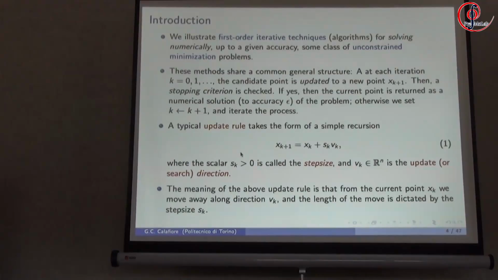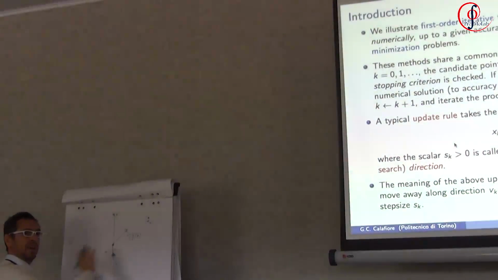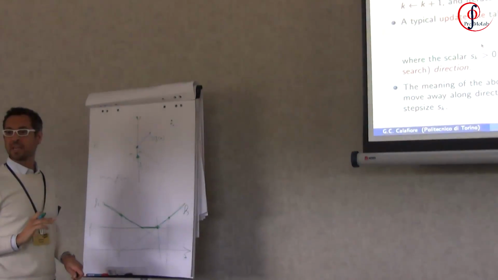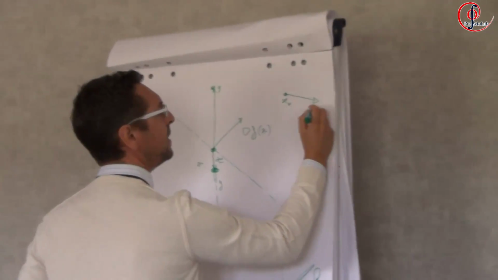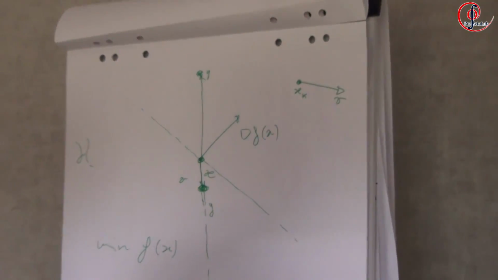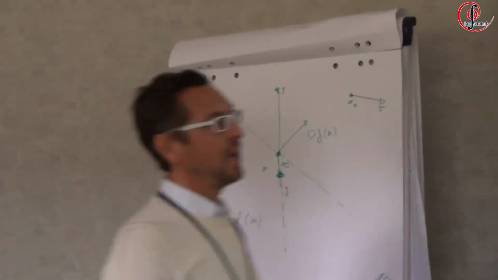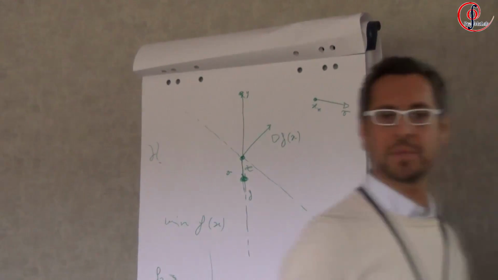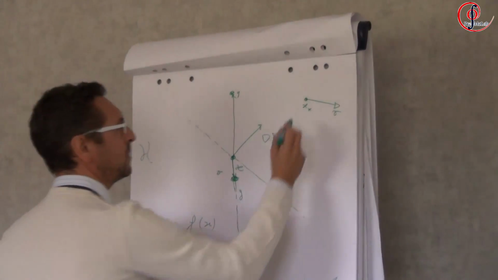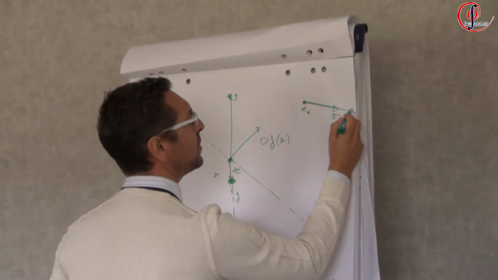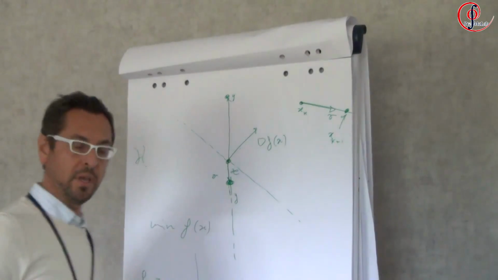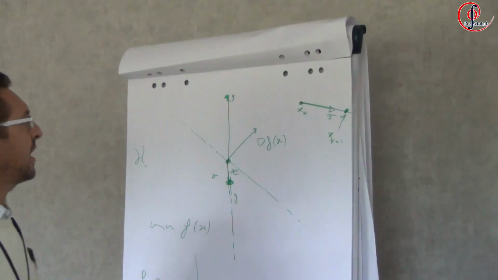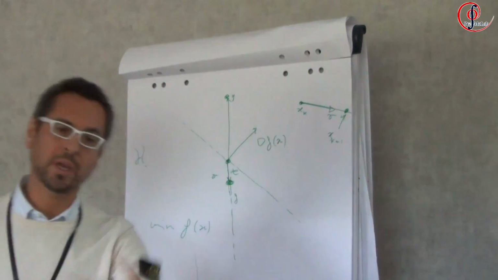Somehow we determine a search direction, for instance, by considering if this direction has a negative inner product with the gradient. So we determine a search direction v, second we decide on a suitable step size, and third we move to a new point, x_{k+1}, which hopefully gives us a decrease of the objective value, and we keep on doing this.